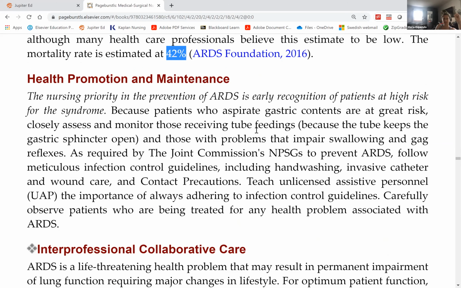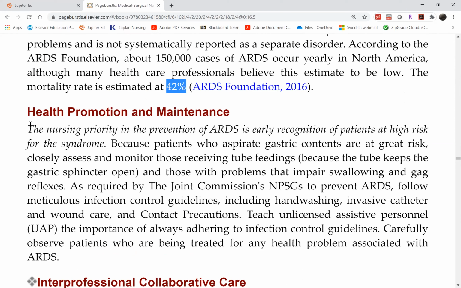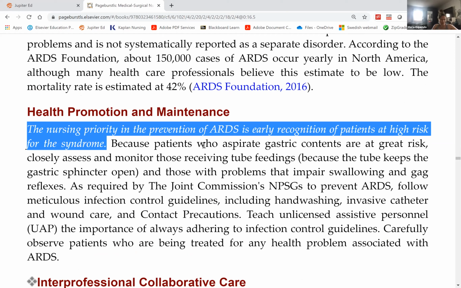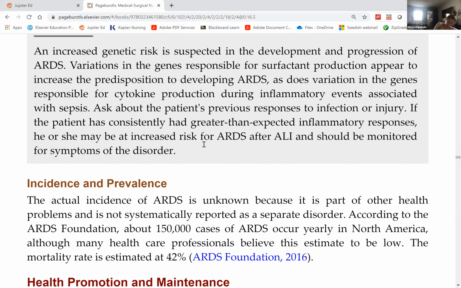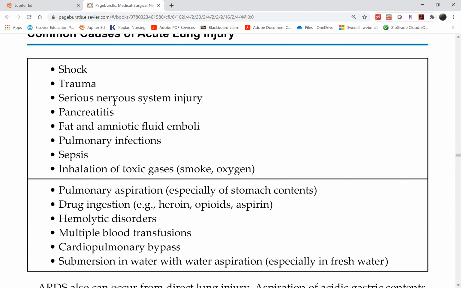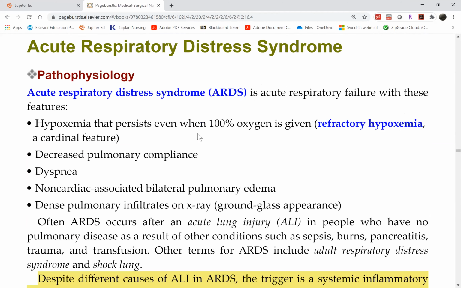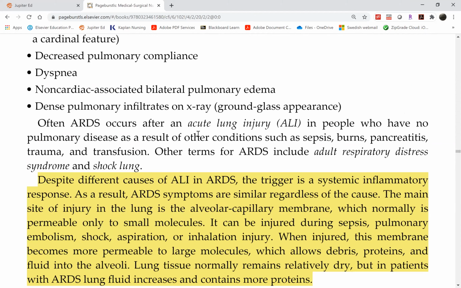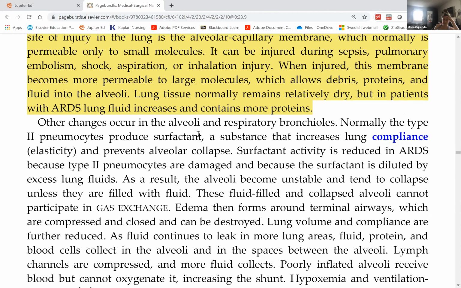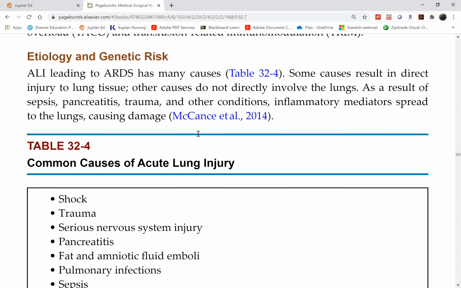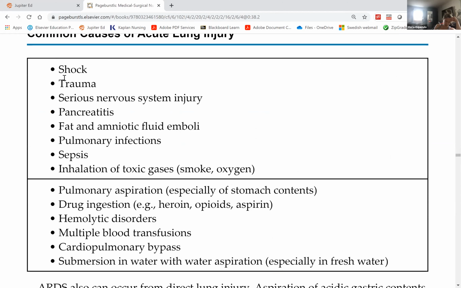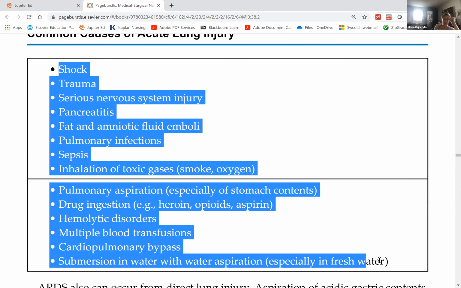So since mortality is so high, our priority really is to catch it early. So the moment you see this patient already in respiratory failure, or having these already, meaning you give oxygen, they're not responding, so call your physician right away. So these are the patients admitted with these diagnoses here.